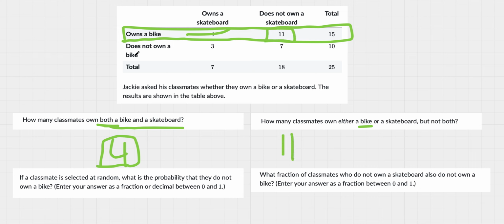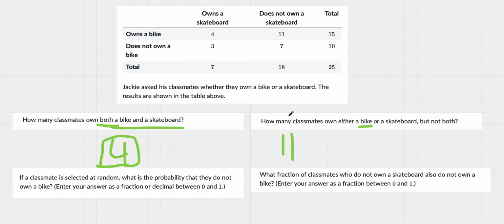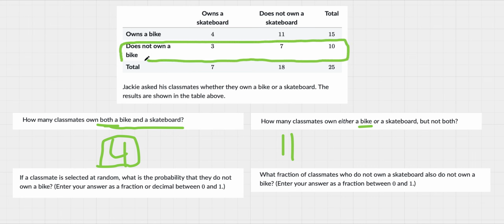Okay, and now let's look at the other information. Vice versa, which students own a skateboard but not a bike? So let's look at this section right here, because we're looking at which students do not own a bike. All of these don't own a bike, all 10 of them. But which one owns a skateboard and which one doesn't own a skateboard?